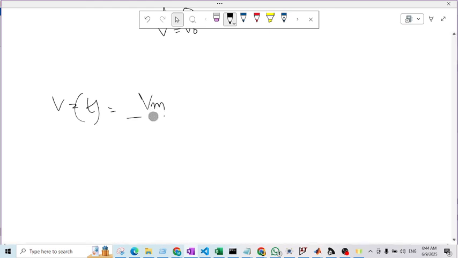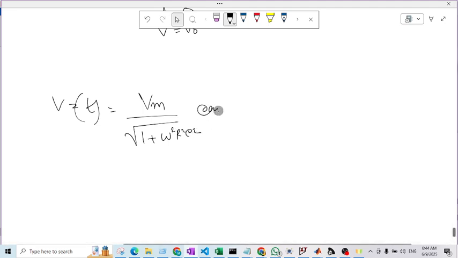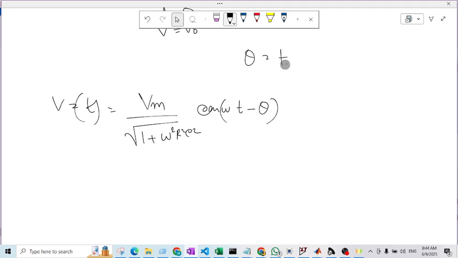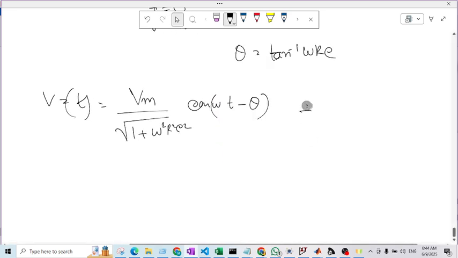We have Vm, then 1 by omega square r square c square cos omega t minus theta, where theta is equal to tan inverse omega rc, right? And then I have C e to the power minus t by rc. This C is not capacitance, this C is a constant.